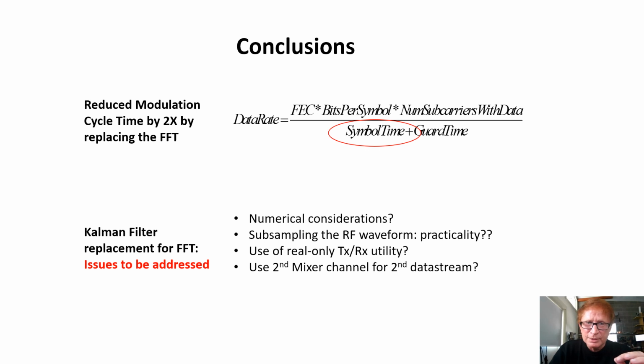Subsampling of the carrier is offered from the new approach as a means of implementing an SDR radio. Key outstanding issues that must be addressed are numerical implementation of the new method and practicality of RF subsampling.